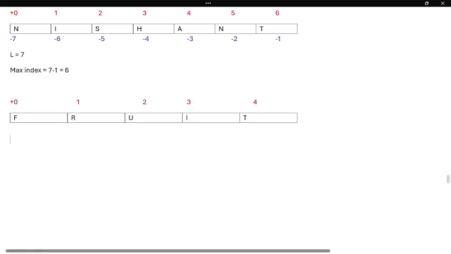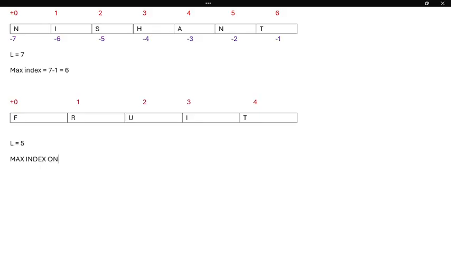This L is nothing but the max index. What is L? L equals 5. So max index on positive will be L minus 1, which is 5 minus 1, nothing but 4.